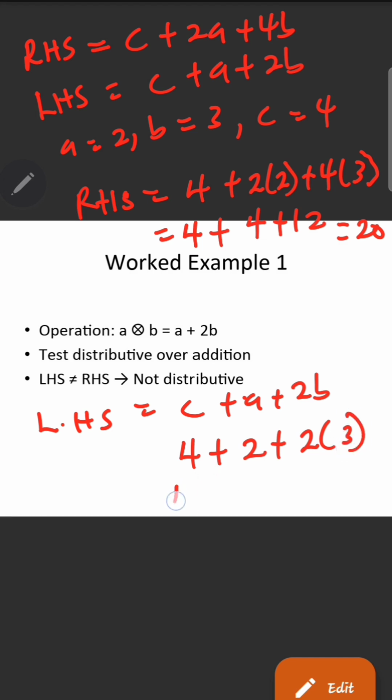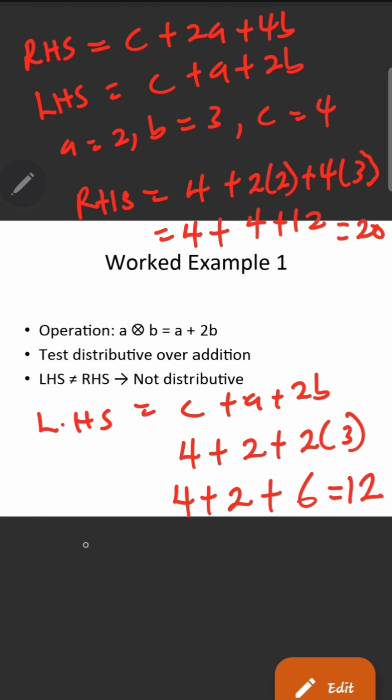That's 4 plus 2 plus 6. What is 4 plus 2? 6, plus 6. That will give us 12.